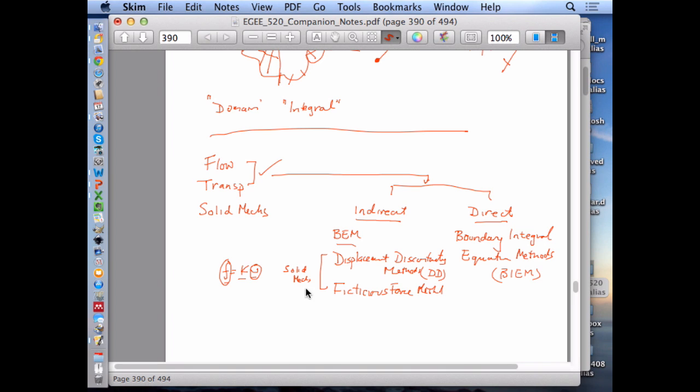And the one that we'll talk about today is for flow. I don't know it necessarily has a word, but we'll call it fictitious sink, or a source.